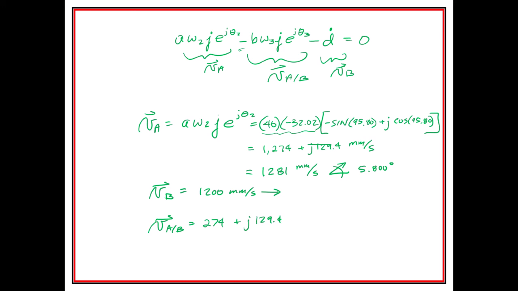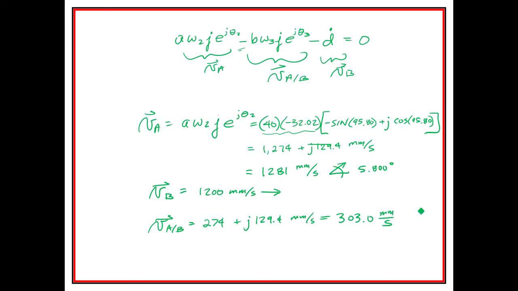129.4 millimeters per second. So that would equal the 274 squared and 129.4 squared and plus, and then we end up with 303 millimeters per second.